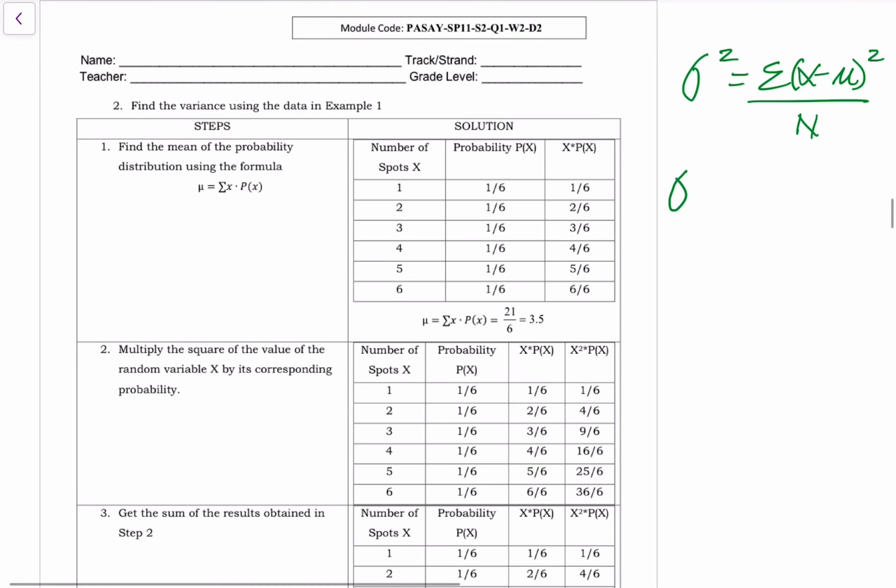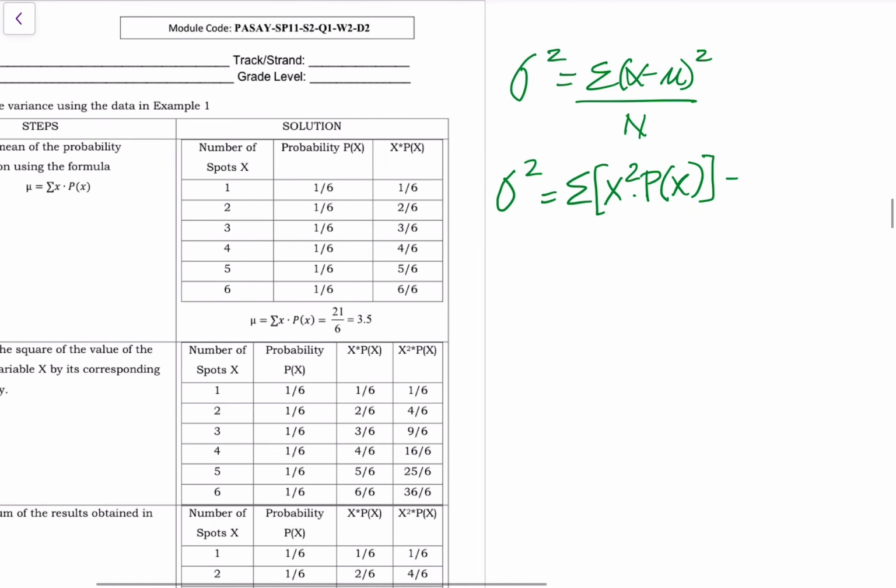Our variance is equal to summation x squared times p of x, and then minus our mean, mu squared. So, we have to take it step by step using this formula.